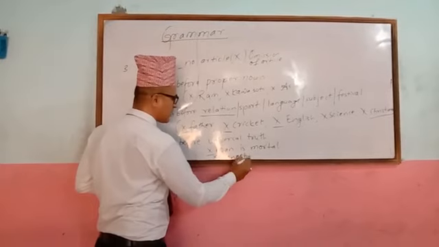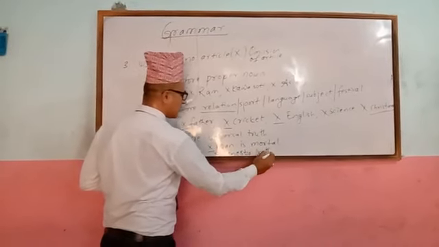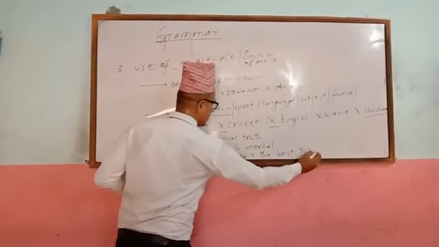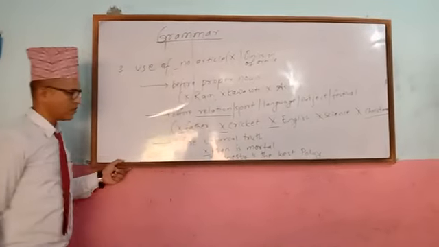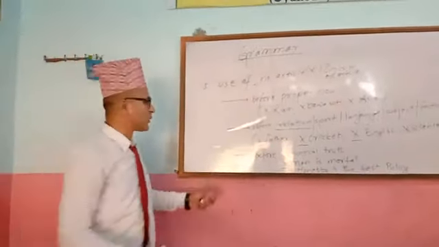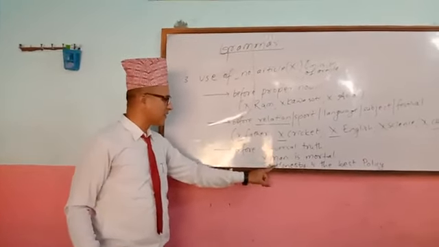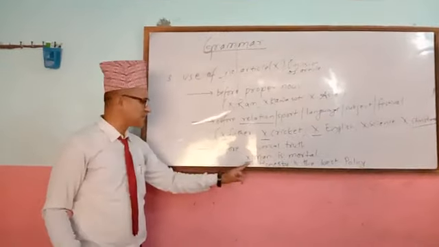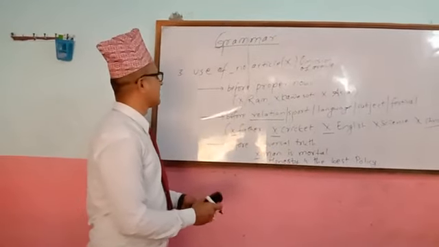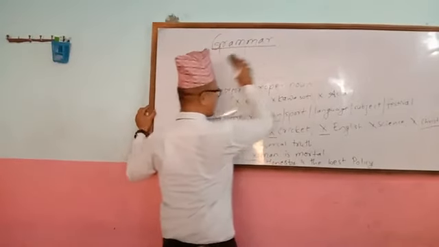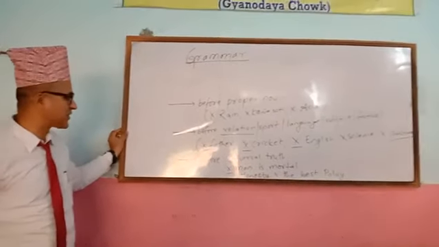Before honesty, we cannot use any article. Is the best policy. Right? So, man is mortal. We don't use any article here. Honesty is the best policy. We don't use any article here. Now, there are some more rules about where no article is used.